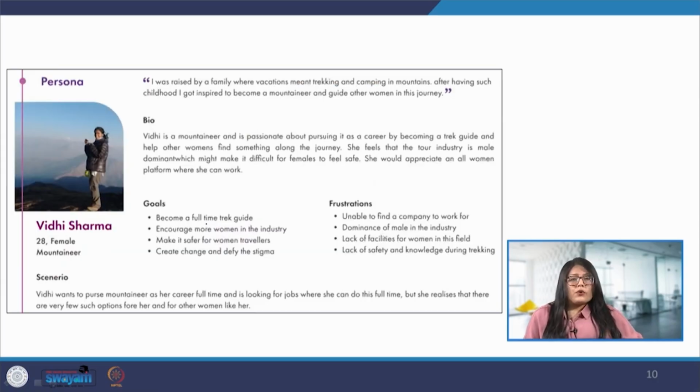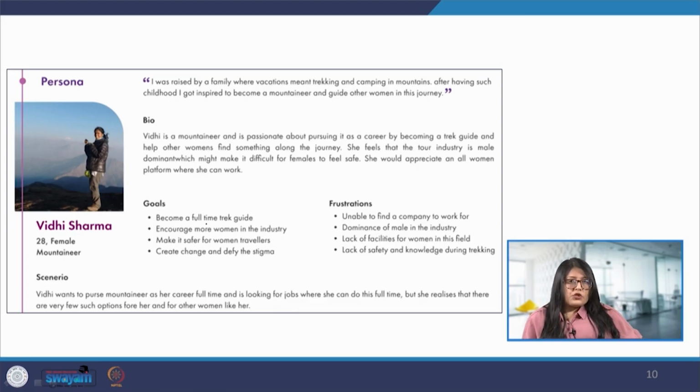So, a good persona is one that supports the kind of reasoning that says what would the user do in this situation with the product, and how would the user respond if the product behaves in a particular manner. But a good persona can be challenging to develop.